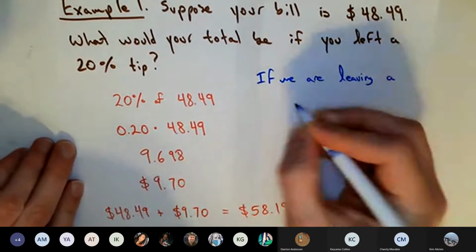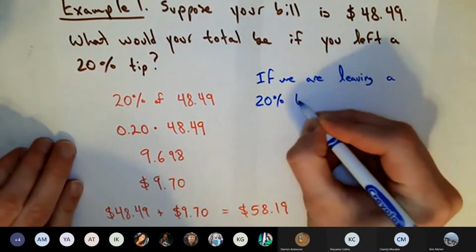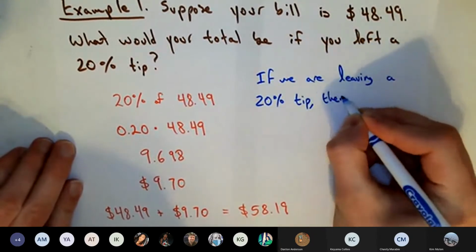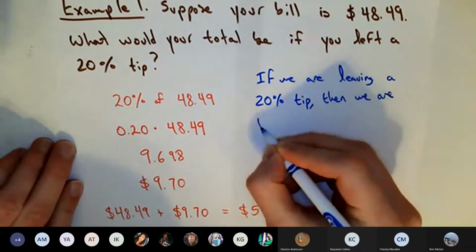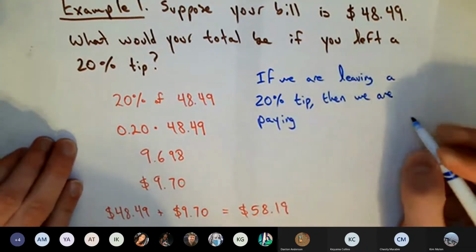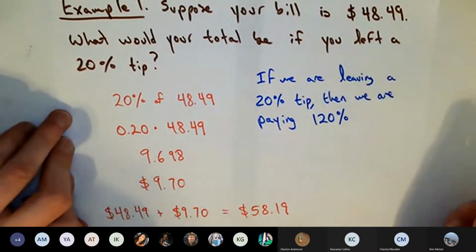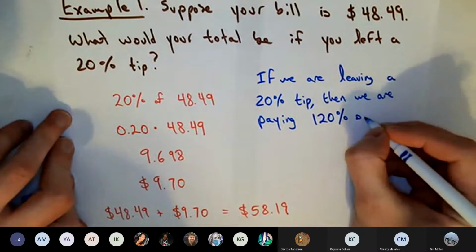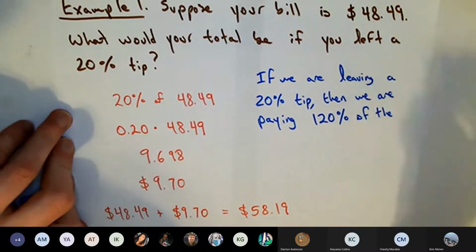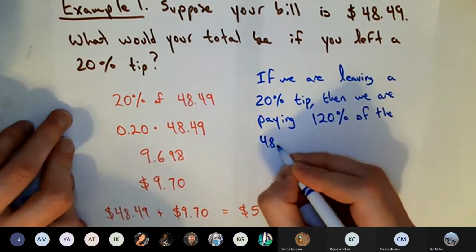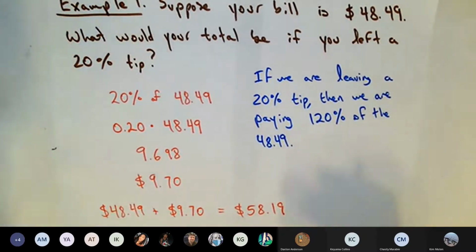If we are leaving a 20% tip, then we are paying 120% of, like in the end, with the tip included, of the 48.49. Right, because a tip is adding to your bill. It's adding to your bill. And this is the same as sales tax. I'll make the same point when we talk about sales tax in the next example.